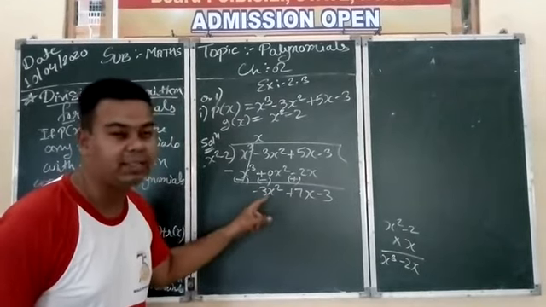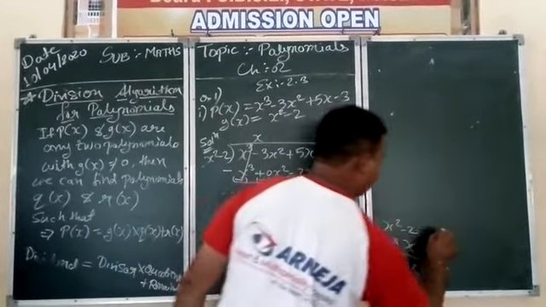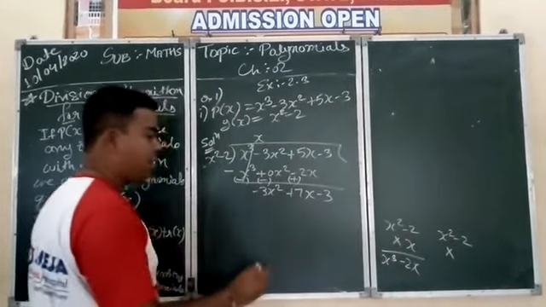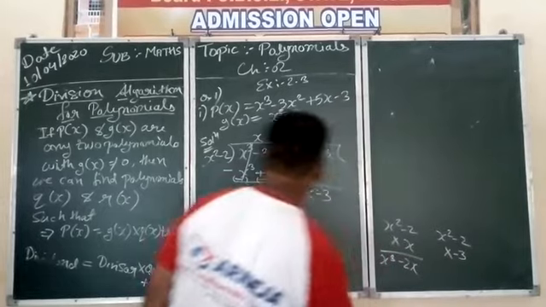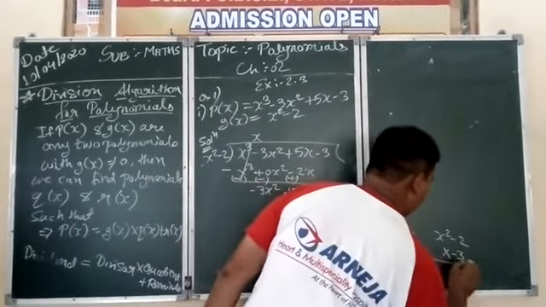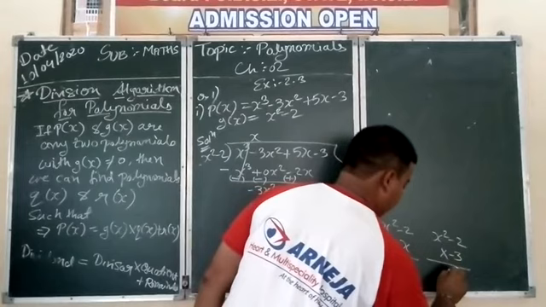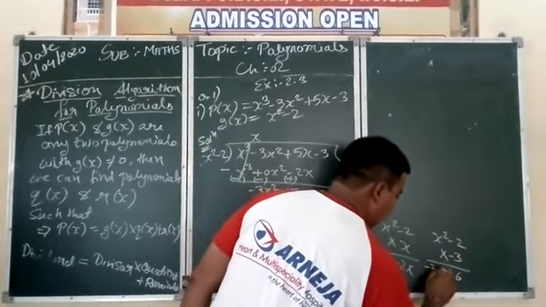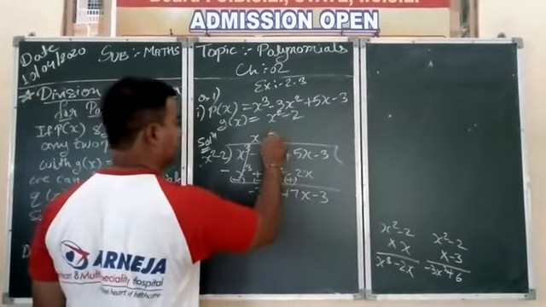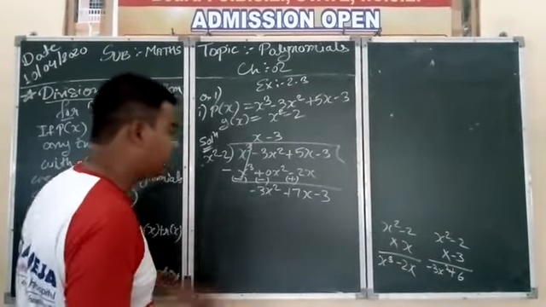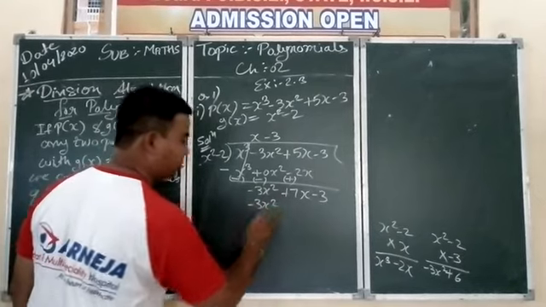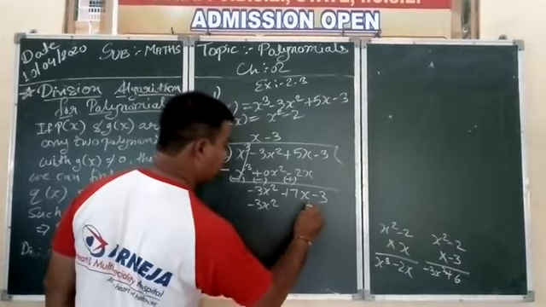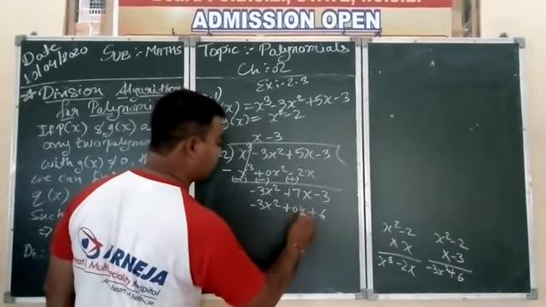Our first term is minus 3x square, so x square minus 2 is multiplied by minus 3. So minus 3x square plus 6, and here write plus 0x.